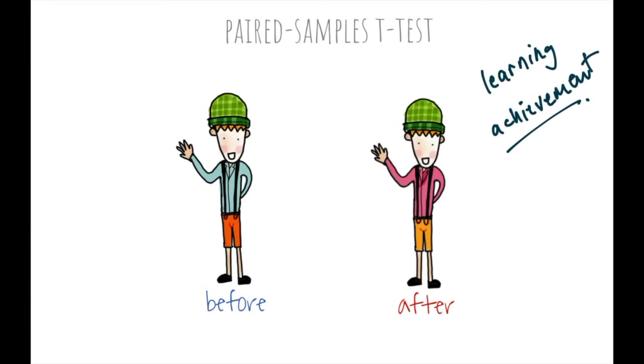Before that, you give them the pre-test, and after you give them the intervention, you give them the post-test. And then you compare the before score and after score. Are they significantly different or not? This is called paired samples t-test. Normally it is used in experimental research.